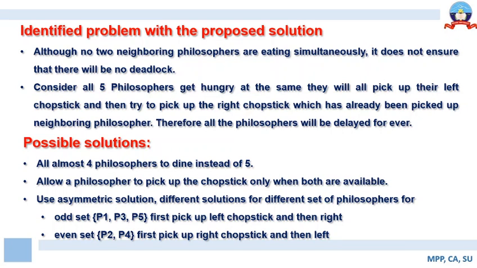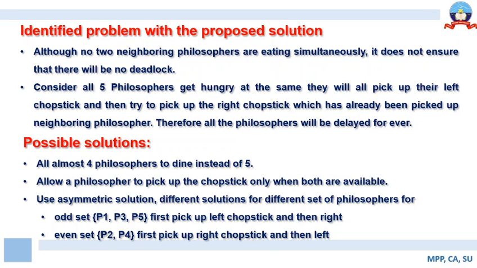Or instead you can use a very asymmetric solution. In the former case we had used a symmetric solution. We can also use an asymmetric solution, that means different solutions for different sets of philosophers in the philosopher set. One of the ways can be to partition the philosophers into two sets, the odd set and the even set.